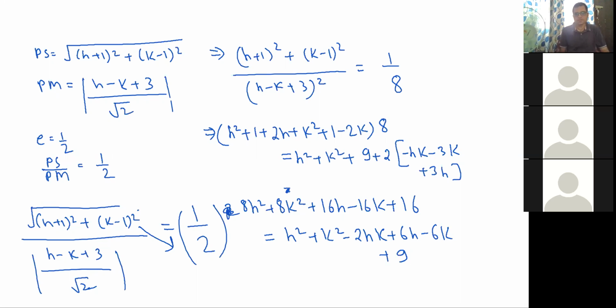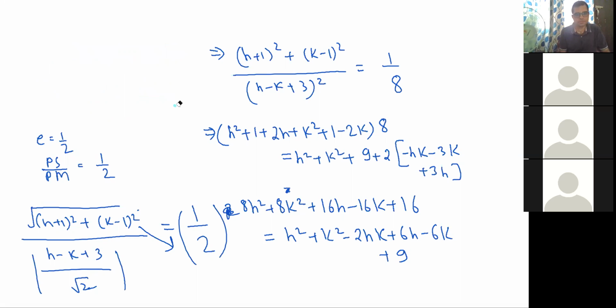Okay, so now you don't have to worry about h and k because you have to replace h and k by x and y, because the equation has terms of x and y. So we'll ultimately replace it by x and y.